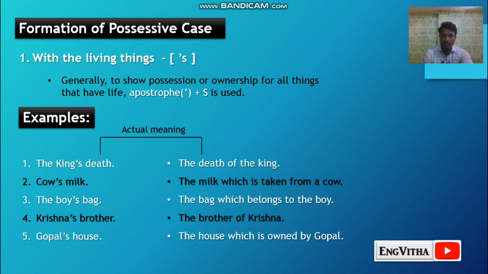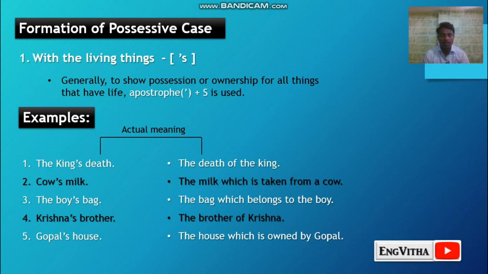That means we can also say the king's death. The milk which is taken from a cow, so the milk is cow's milk. And the third, the bag which belonged to the boy, we can also say the boy's bag, to show the bag belonged to the boy. So the owner of the bag is the boy.